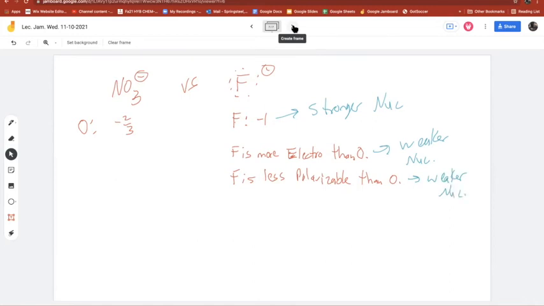And what about size? Fluorine is smaller or larger? It's smaller. So does that make it a stronger or weaker nucleophile? Oh no, stronger nucleophile, sorry.